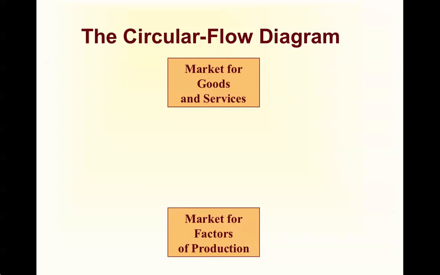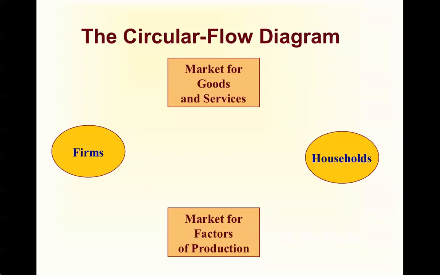In the circular flow diagram, it's really a model for the macroeconomy because it looks at two markets and two players. These two players interact with each other in the markets for goods and services, otherwise known as the product market, and the market for the factors of production, otherwise known as the resource market.